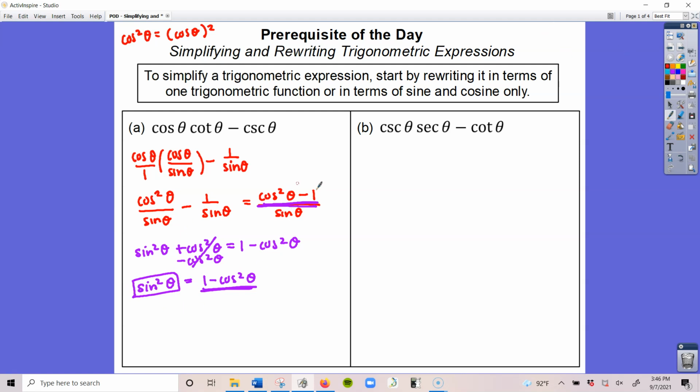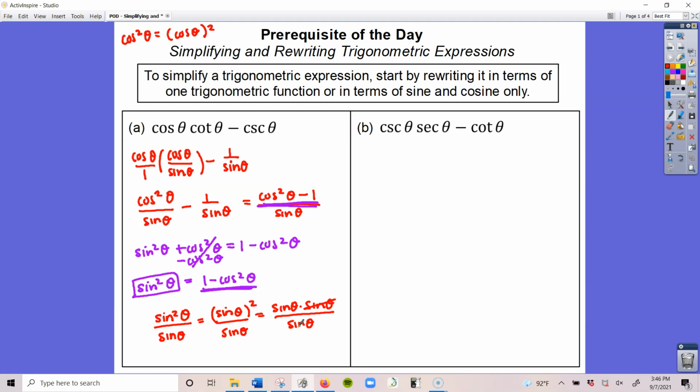So instead of cosine squared minus 1, I'm replacing it with sine squared theta over sine theta. As a reminder, sine squared is like saying sine of theta squared, which is also the same thing as saying sine of theta times sine of theta, all over sine theta.